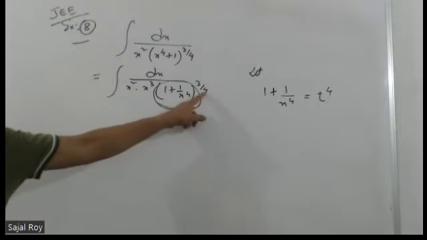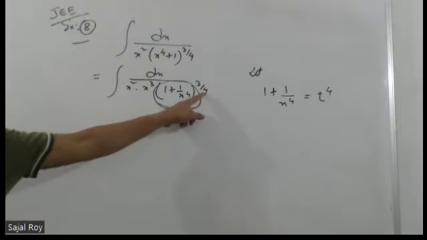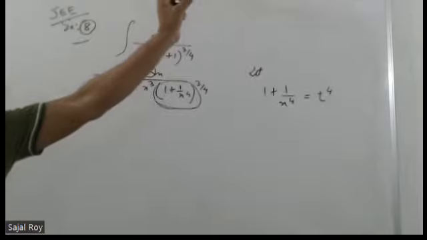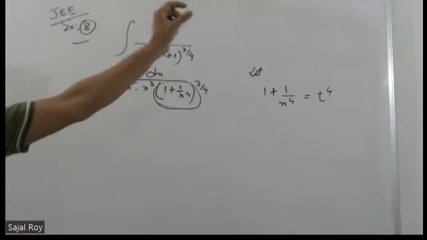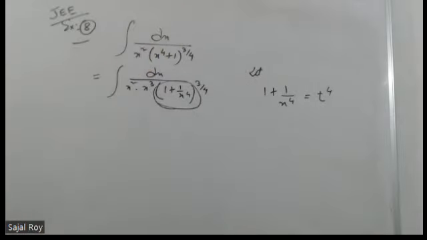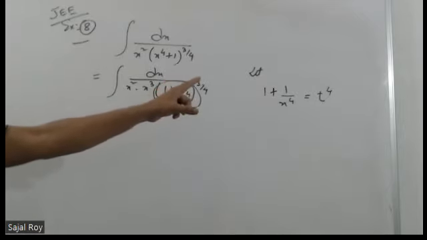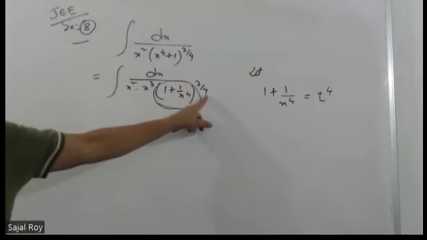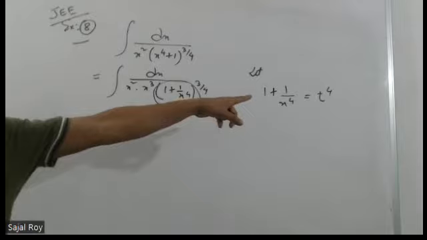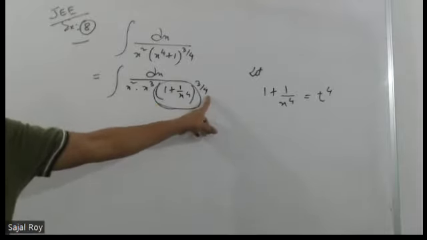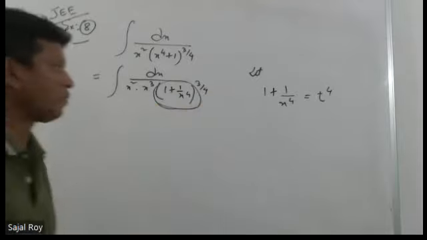Because this fractional part will be removed and you have an integral power. My target is to remove the fractional part. If you have 5, you will substitute t to the power 5. It depends on the denominator.